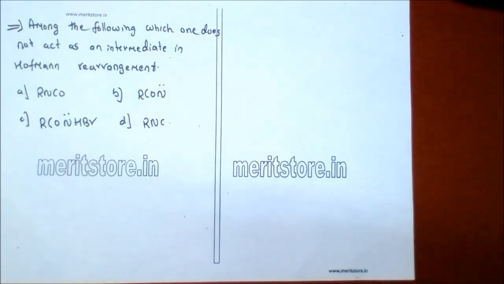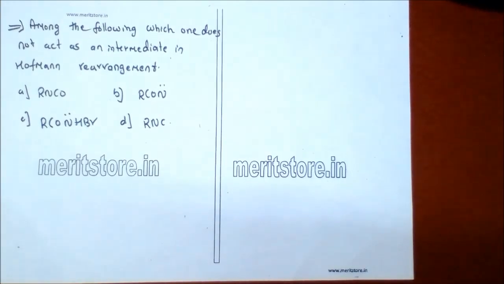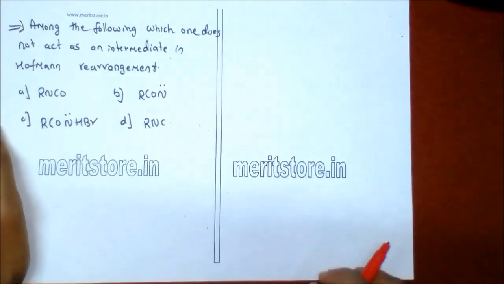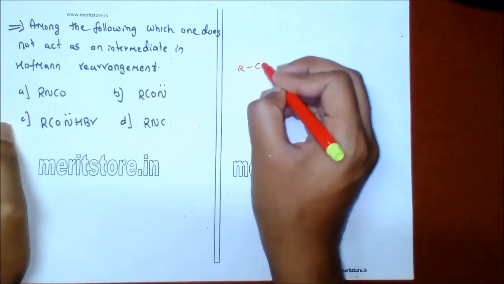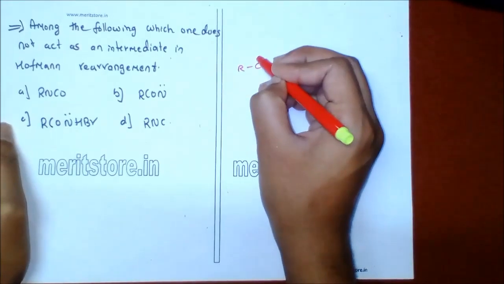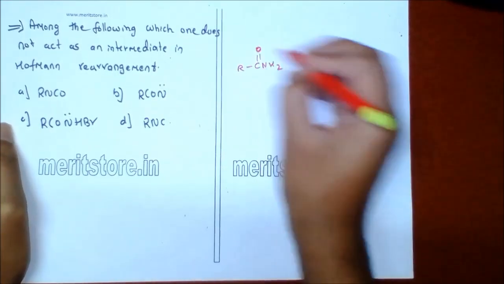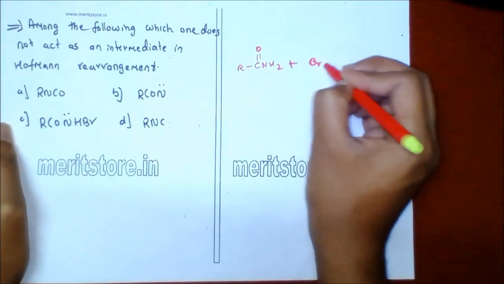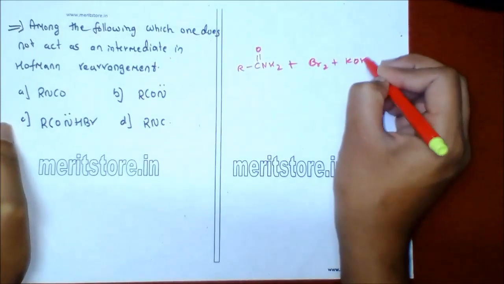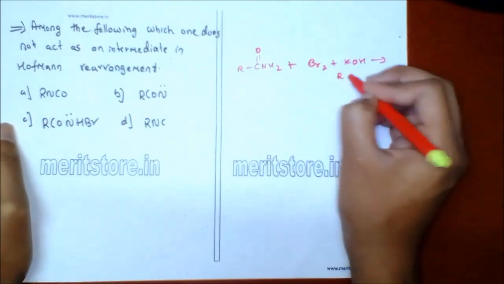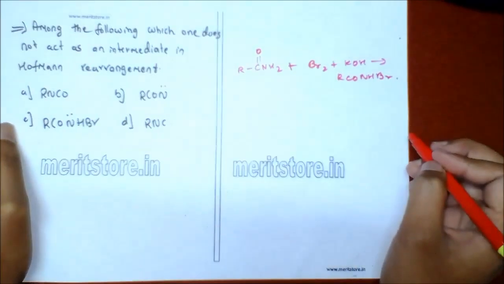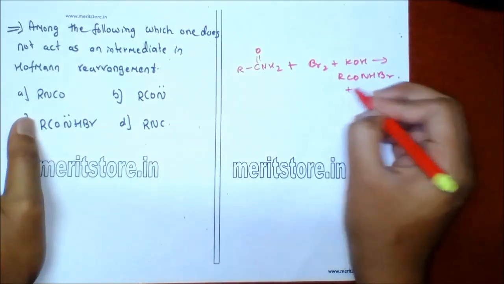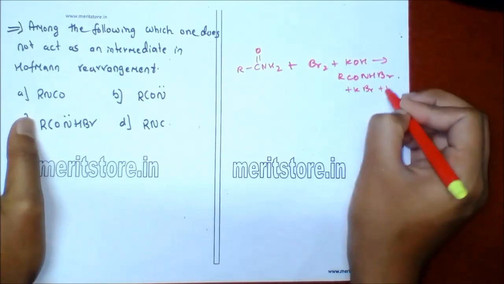Among the following, which one does not act as an intermediate in Hofmann's rearrangement? So Hofmann's rearrangement reaction is RCONH2 plus bromine plus KOH will give RCONHBr plus KBr plus water.